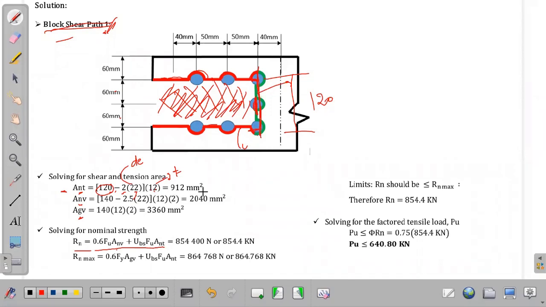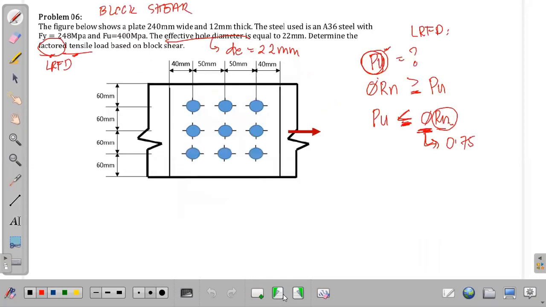912 mm squared. Okay? So for the net area subjected to shear, yung ANV, 140. Saan ko kinuha yung 140? Shear. Etong red line. Tignan ninyo yung red line. So yung shear natin hanggang dito. Wait, parang may mali.